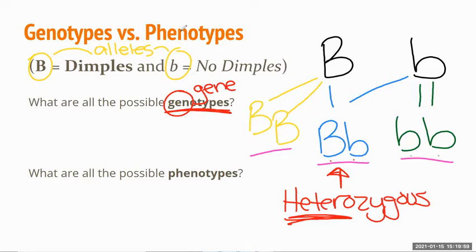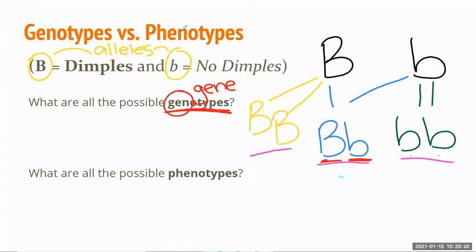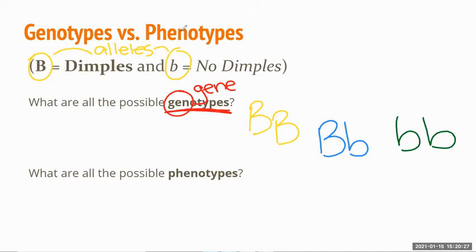Now for these, we don't have to specify whether it's dominant or recessive, because if you use the term heterozygous, you automatically know that you have one dominant allele and one recessive allele. Okay, and that is how you figure out the possible genotypes. So there are genotypes.